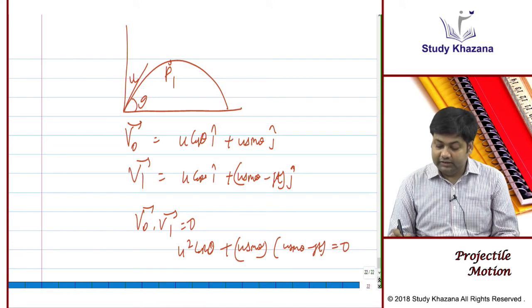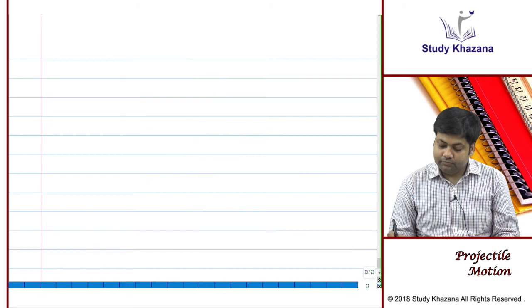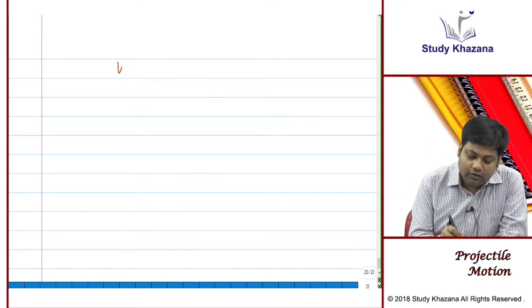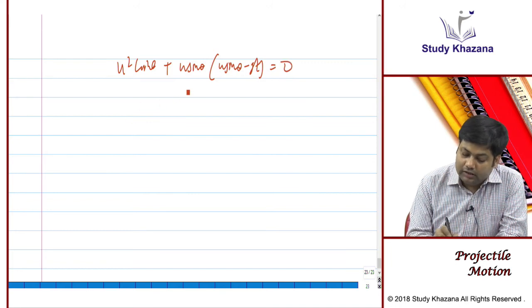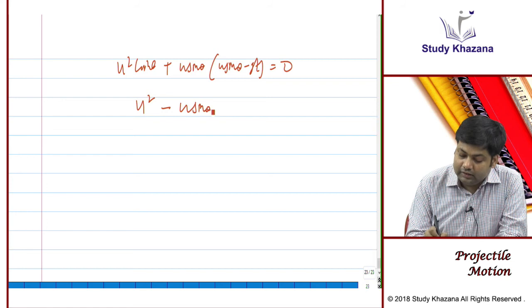If you solve this, this becomes u square minus u sin theta into gt equal to 0.